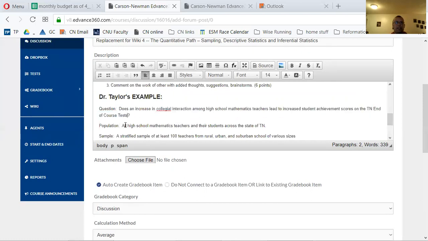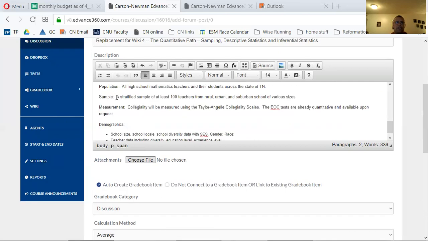So, population. I want to be able to make a statement about all high school mathematics teachers and the outcomes for their students across the state of Tennessee. Now, I'm not going to study all that. That's too many people to study, so that's why you have this idea of a sample.